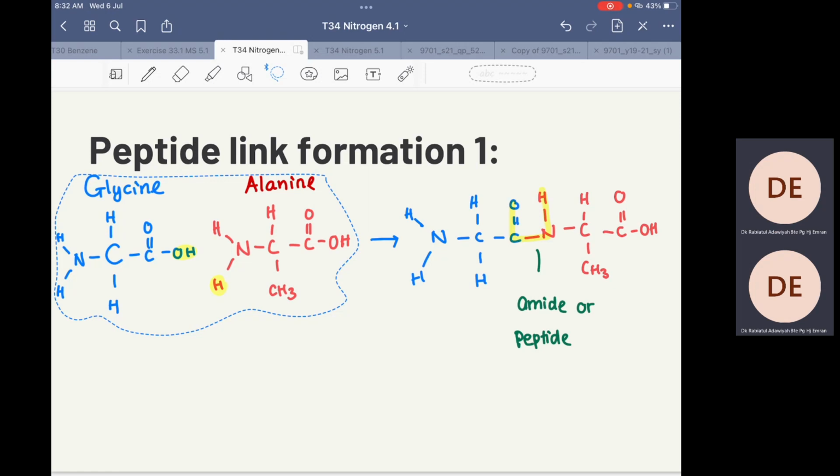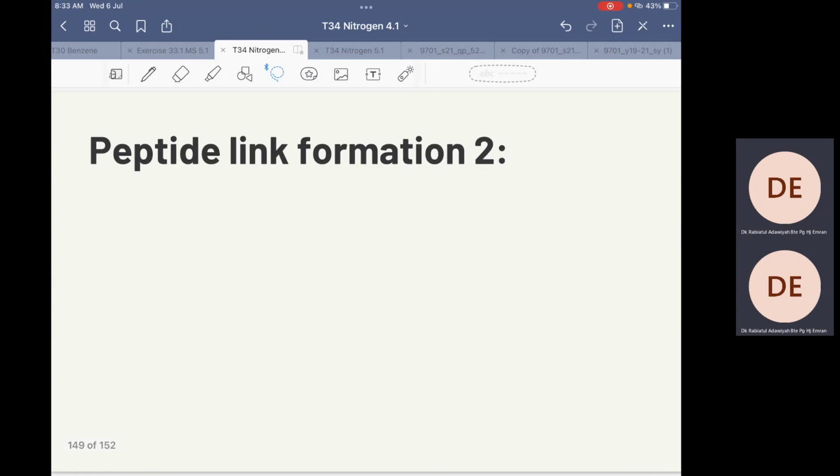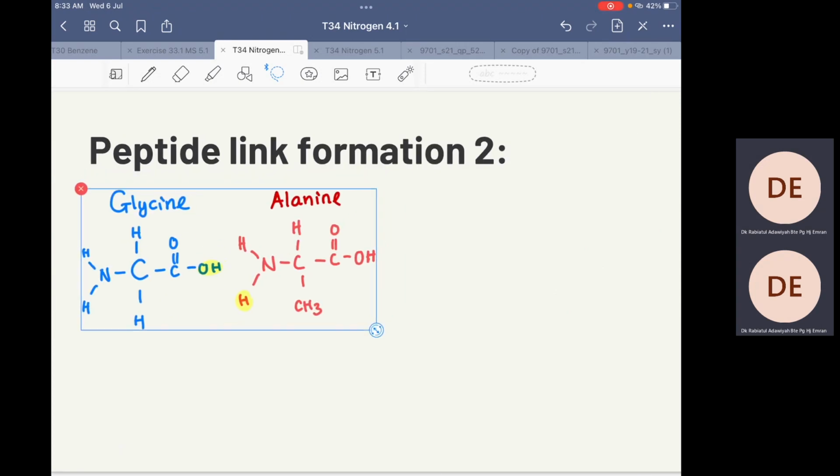But if you already can see the second peptide link formation, then you can start drawing them out. Okay, done? Okay, next one, peptide link formation 2.